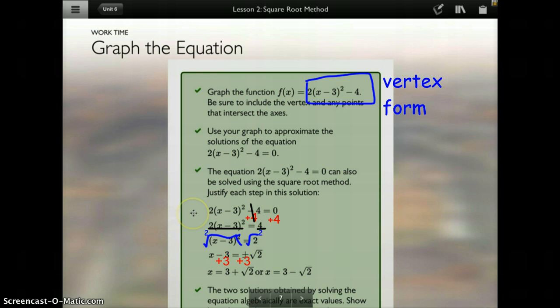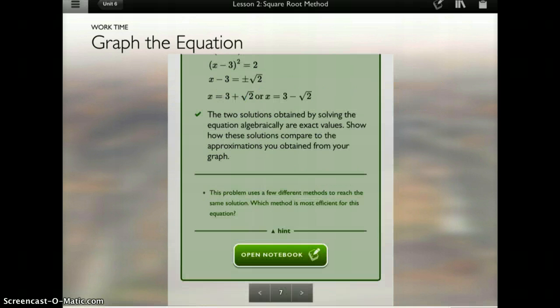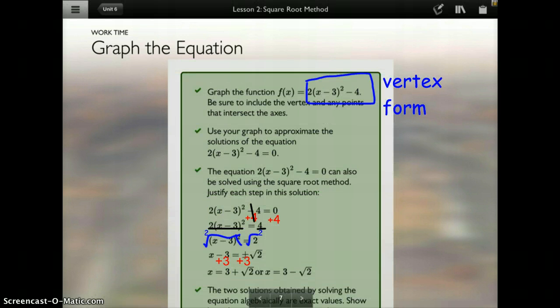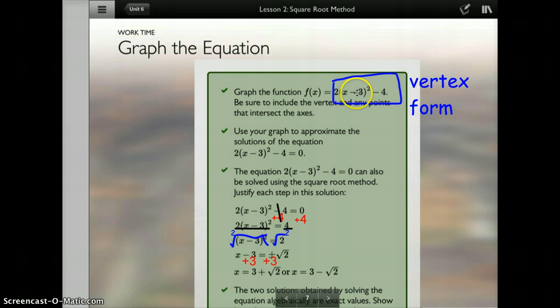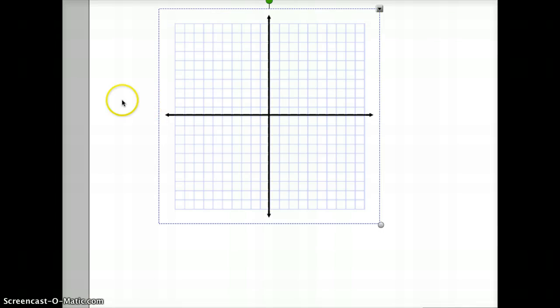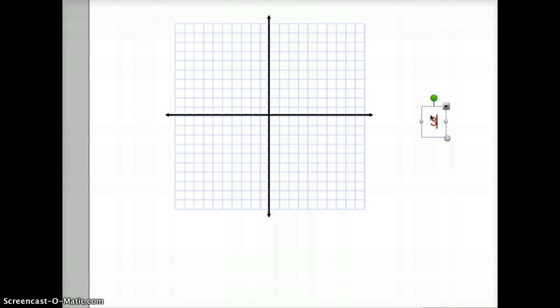Now I can approximate them on the graph. So let's graph them and see what they look like. Let's do a new page and add a graph. Based on the last equation, our vertex should be 3, negative 4.